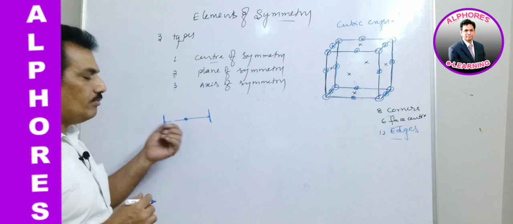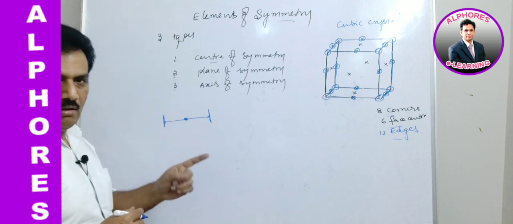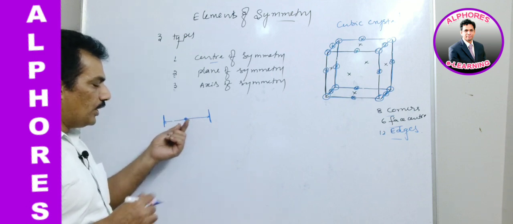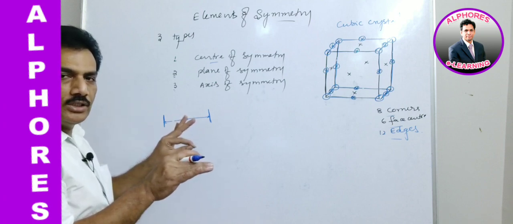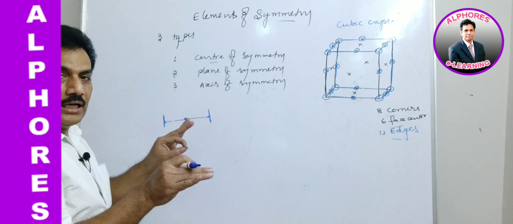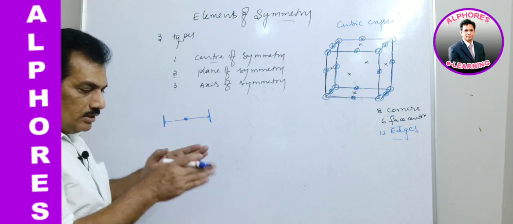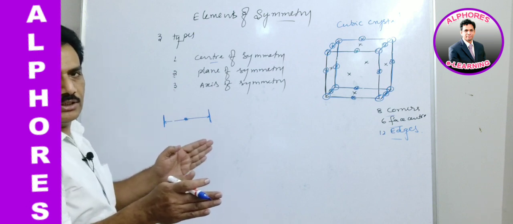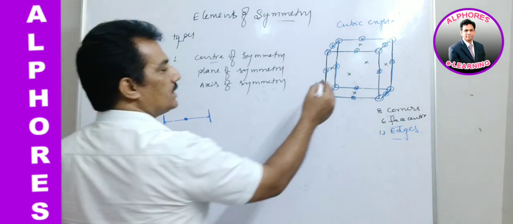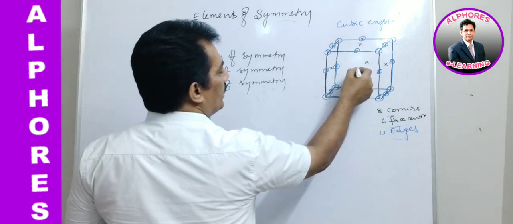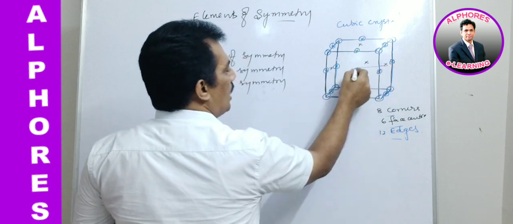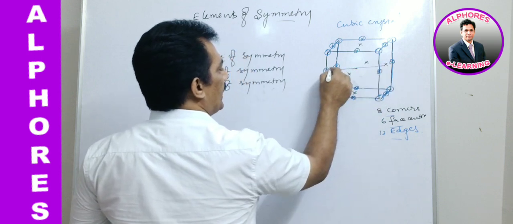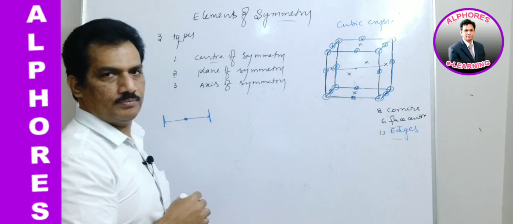Center of symmetry for any object will be only one. It is the point from which we move in opposite directions and reach identical points at equal distances in the opposite direction. Say, for example, I start at one face center, and in the exact opposite direction I meet the same face center.